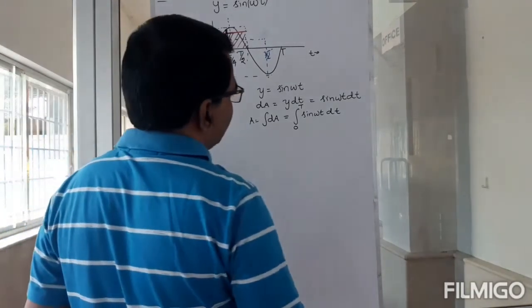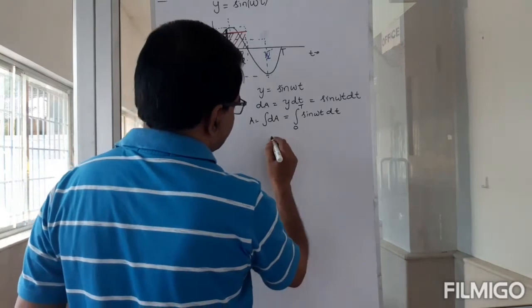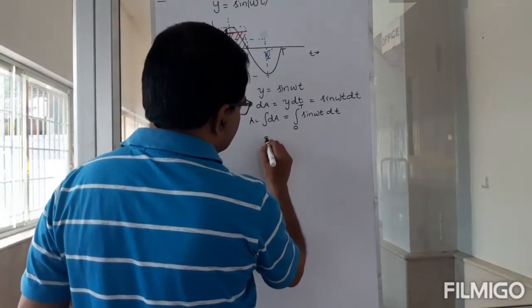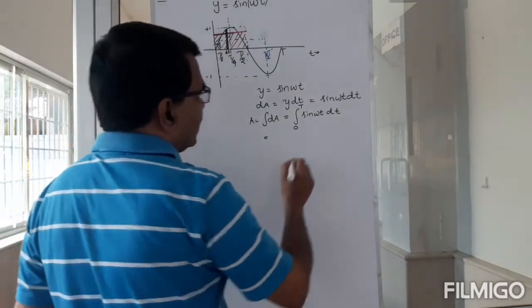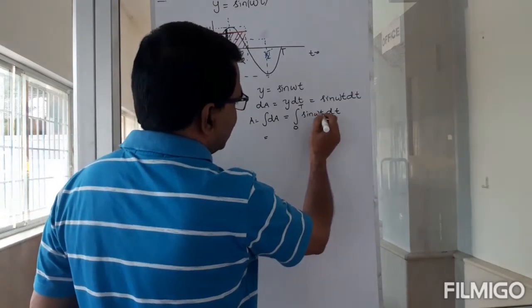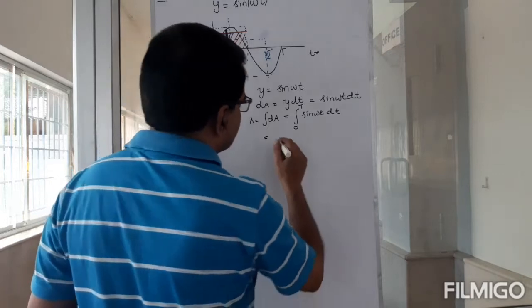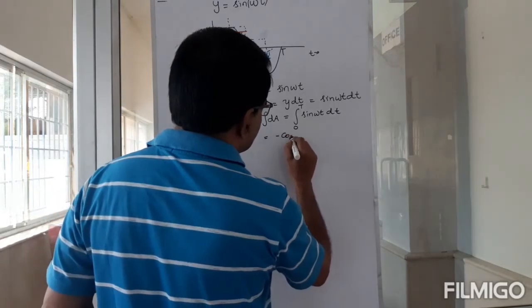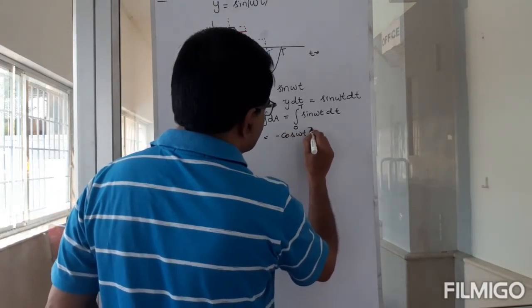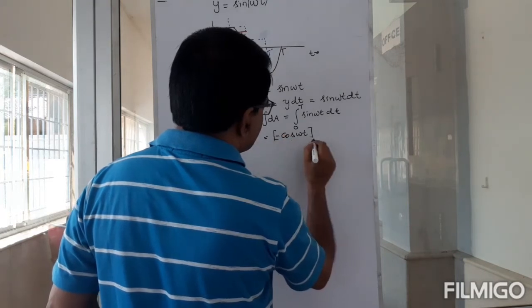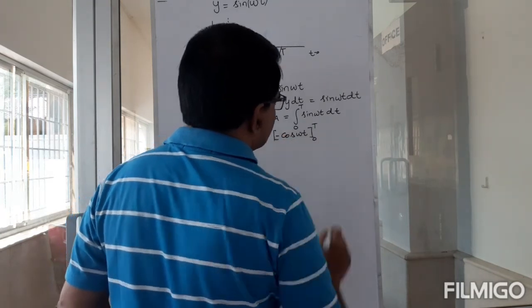Okay, so what would I get here? The integral of sine omega t is minus cos omega t, from 0 to t.